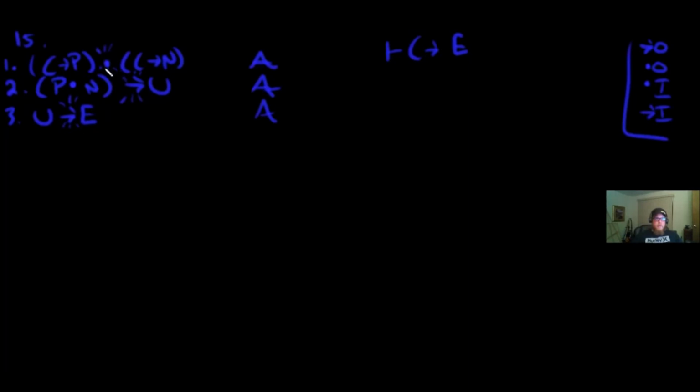So we can go ahead and separate this. That gets us lines 4 and 5. So we got C arrow P, now unlocked from its parentheses, and we get C arrow N, unlocked from its parentheses. Both of those are and out on line 1.